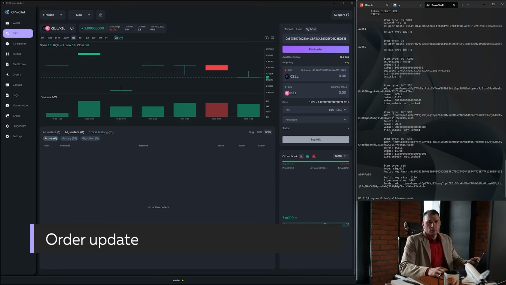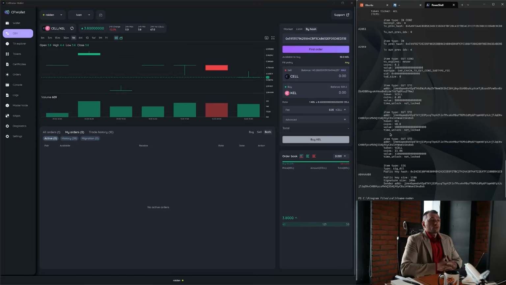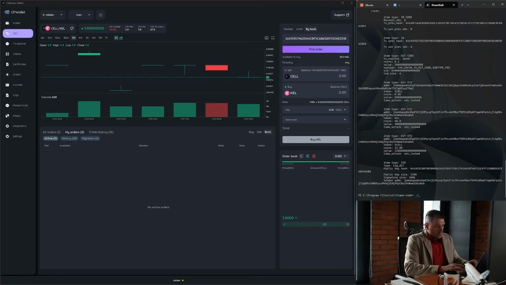There is one more lifecycle operation that is called update. The seller should use it if he wants to change the remaining amount, either decrease it or add more funds to it. There is no UI button for that purpose, so for now I demonstrate it in the command line. To do that, we need Alice's order. Yes, it's Alice's one.